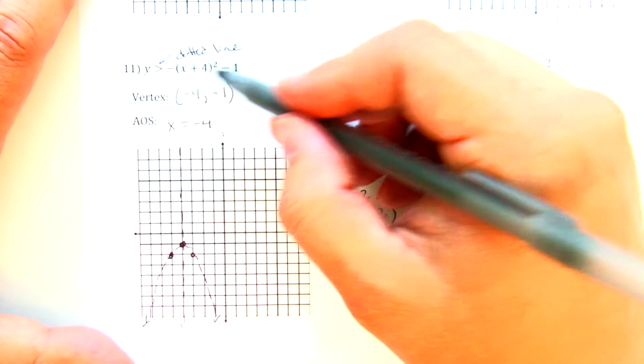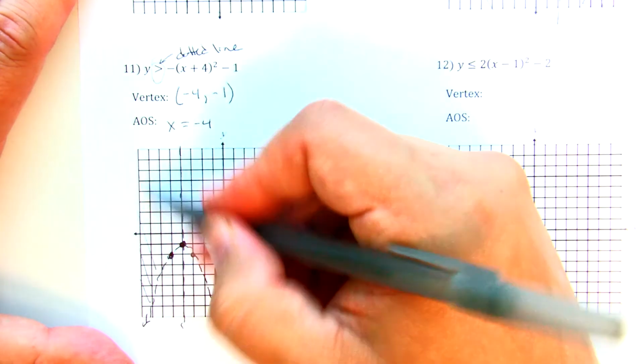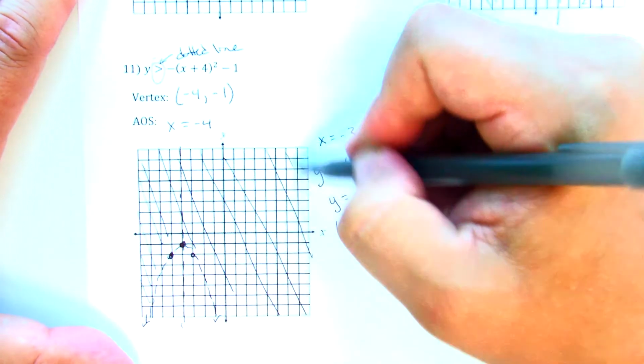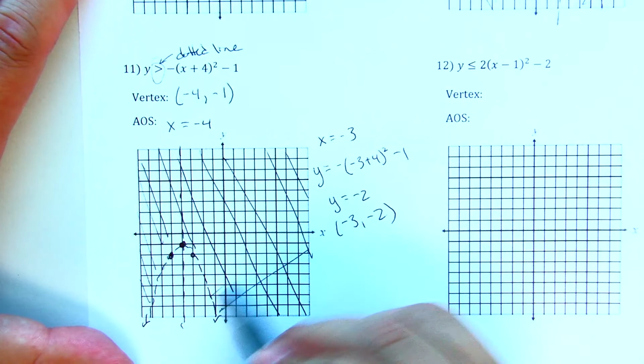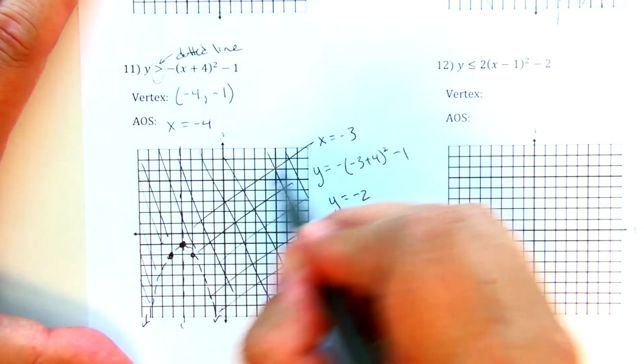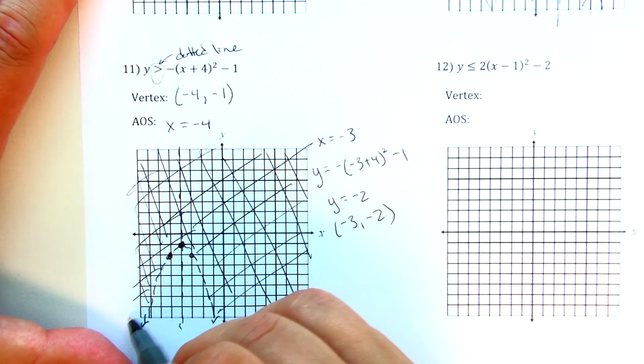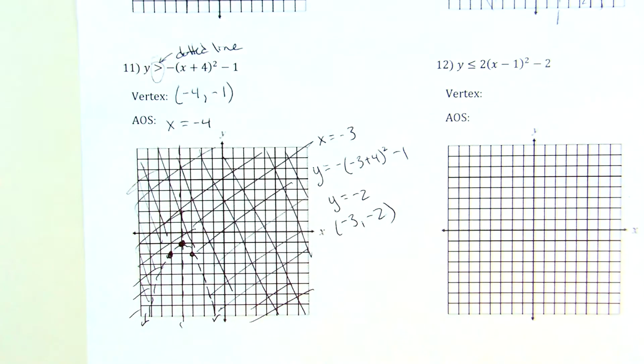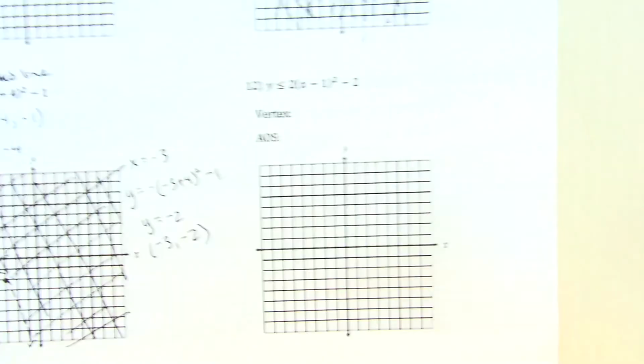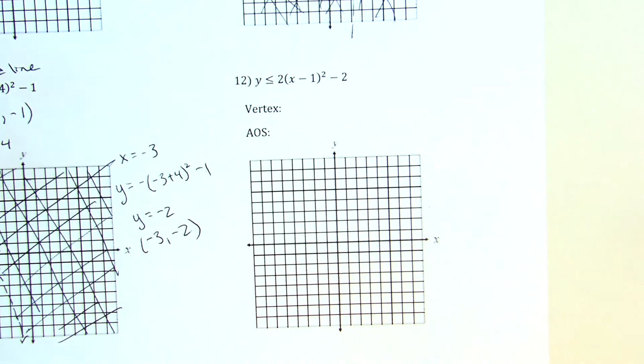Everything greater than that, so it's going to be everything up here. And it looks something like that. That's just beautiful, isn't it? Okay, we'll do one more because that was so much fun.